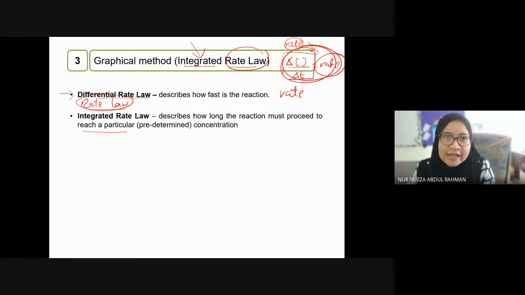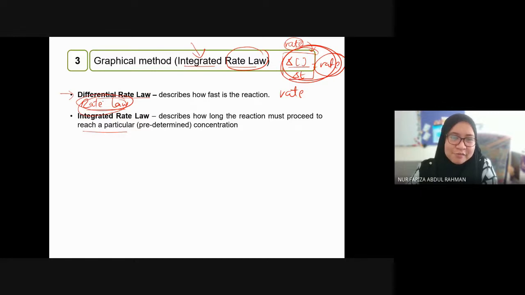But we don't have the time. In the rate law we don't have time either. That is why time is very important. We use time to describe whether the reaction is slow or fast.